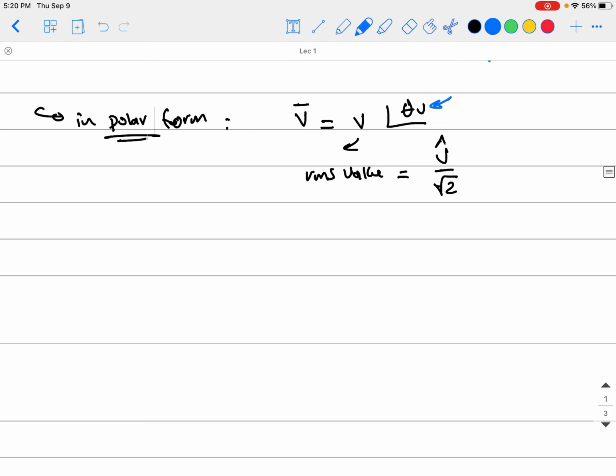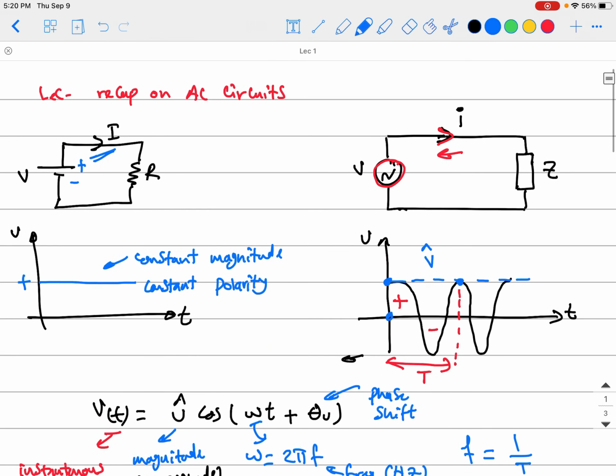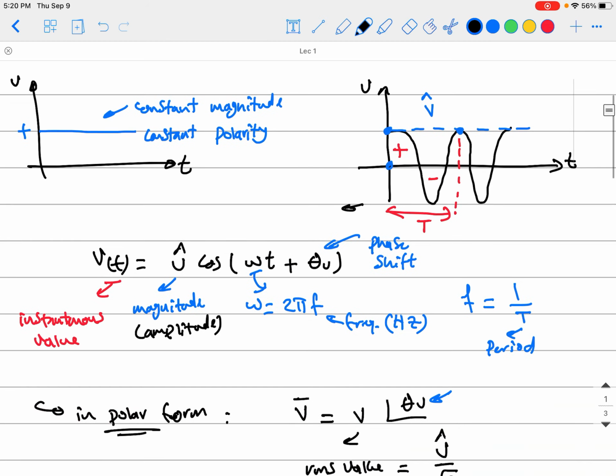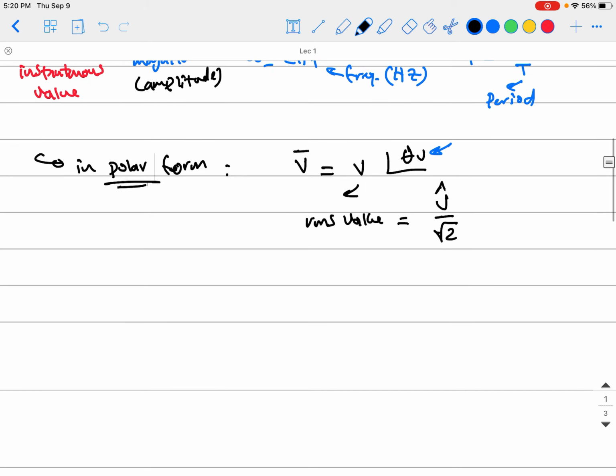Okay, if you want to represent the current going through the circuit here, that is i of t also. From Ohm's law, this i of t will be v of t divided by the impedance Z, which can be represented the same way: I magnitude cosine omega t plus theta I. Guys, that is the same thing, but this phase shift angle will change depending on the load.